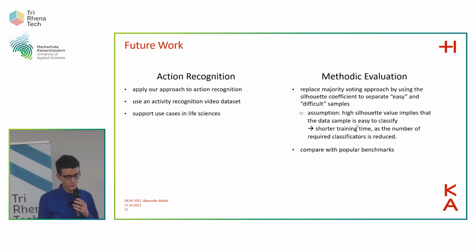This way a lot of time could be saved, as the number of required classifiers is reduced, and therefore we don't have to train that long. Independently, we might also investigate regression problems instead of classification problems, and we want to compare the results with popular benchmarks.